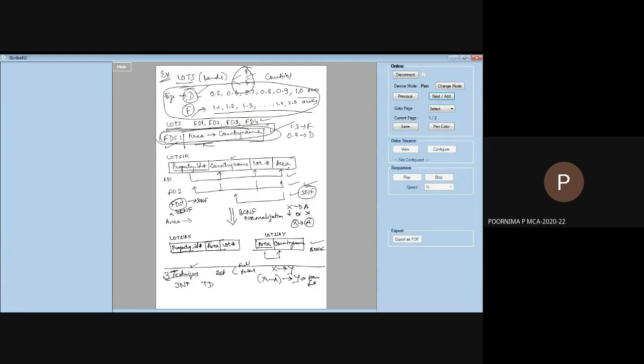Ma'am, I'm a little bit confused on how to take functional dependency 1. What is your doubt? You tell me properly. FD1, FD2. Those are the dependencies which are given already. FD1 is given. You don't have to take anything. You don't have to assume or analyze anything. It will be given already.